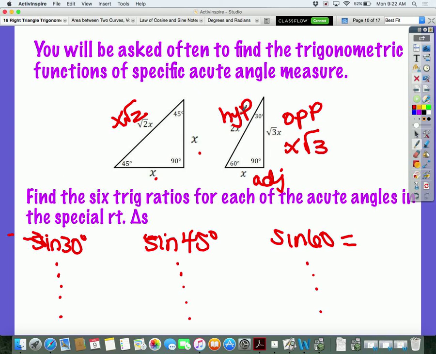Sine is opposite over hypotenuse. Your x's would cancel each other out, so you would have the square root of 3 over 2. So the sine of 60 degrees is the square root of 3 over 2. You guys are finishing up this chart for homework, so I should have all 6 trig functions for 30 degrees, 45, and 60.